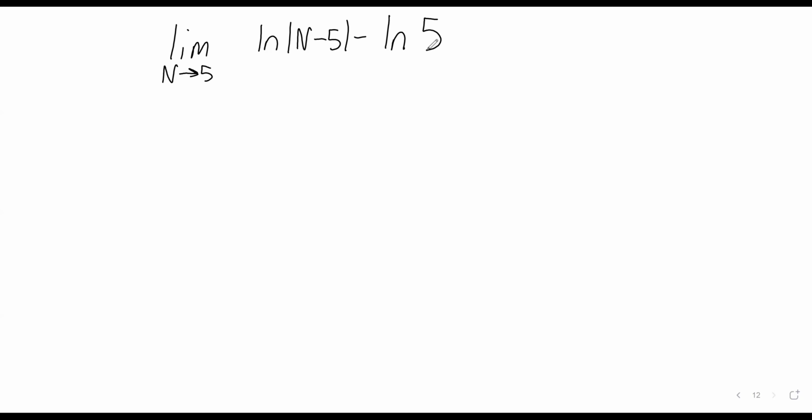In practice, 99 times out of 100, if you do all this work and you plug this number into your calculator, and your calculator spits an error message back at you, that means the limit doesn't exist.